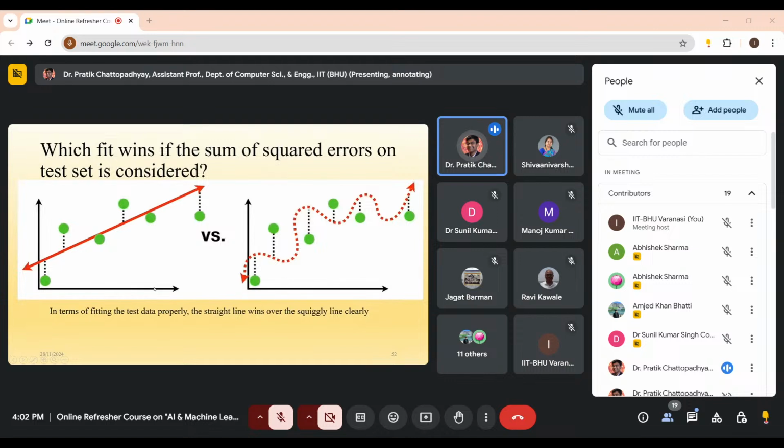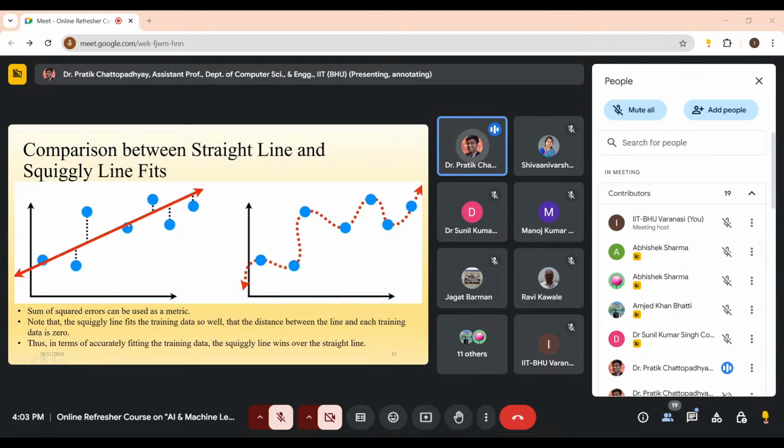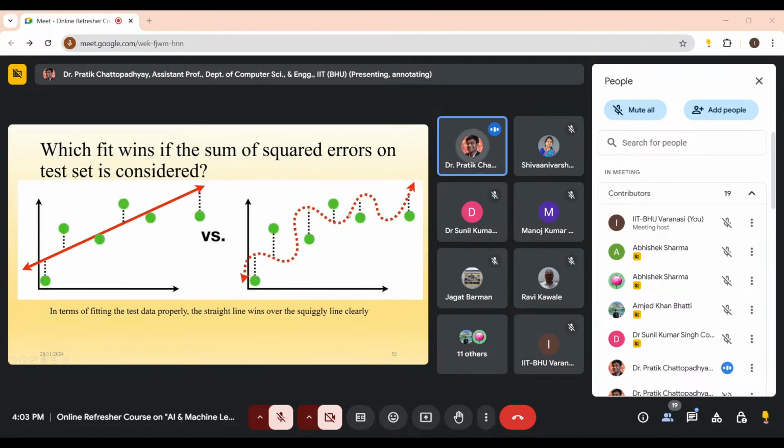But if we consider the test set, we had some green dots also, no? So now we can see how much error the fitted line is making on the test set. For the straight line, it is making roughly the same error as it made on the training set. But for the curved line, the test error is huge now.